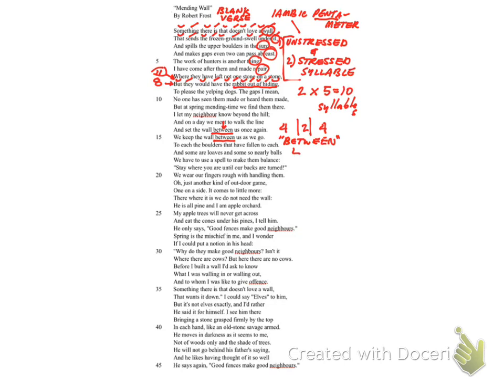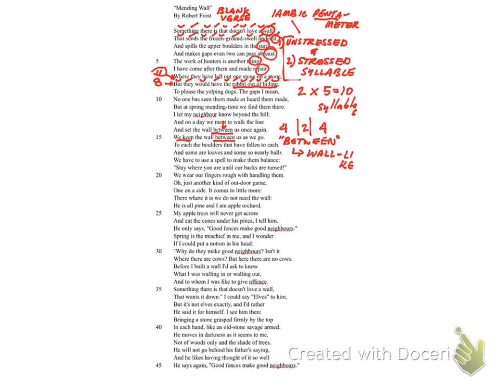Between almost becomes wall-like. Whoops, I ran out of room there. Wall-like. Does that make sense? I hope it does. I know it's a video, but I hope that makes sense, how that's working.